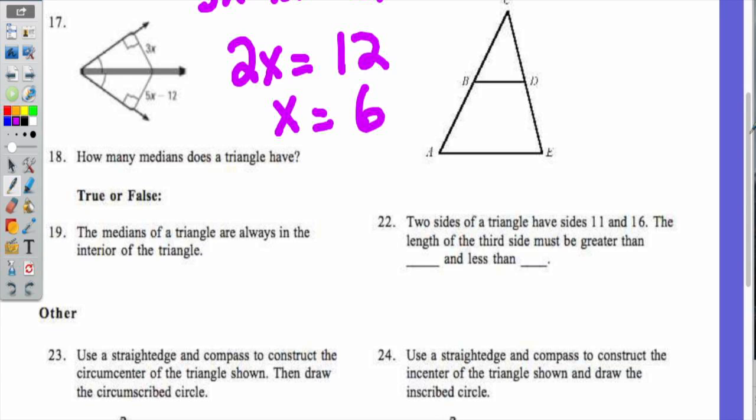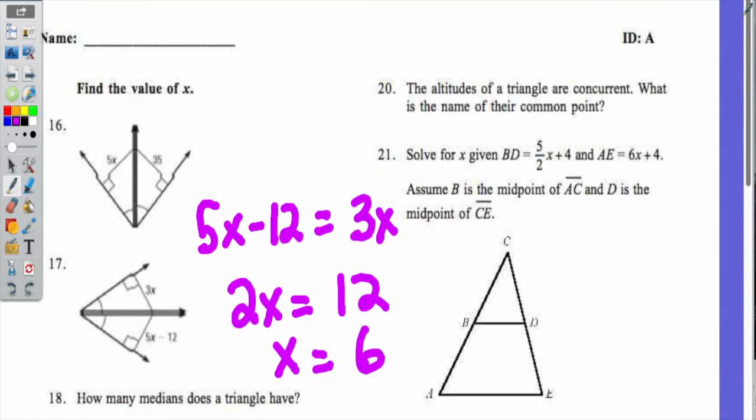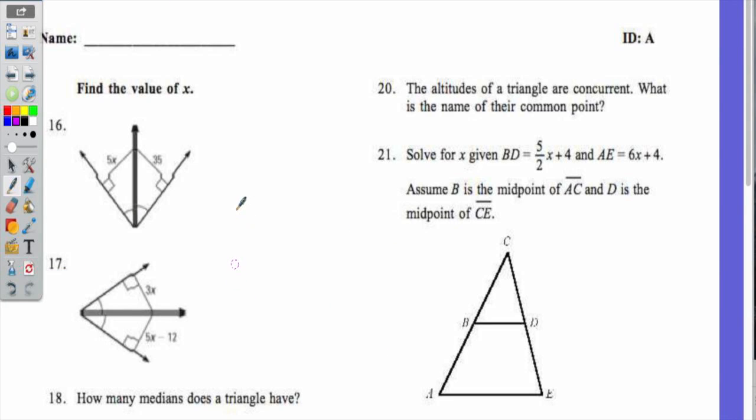Angle bisectors and perpendicular bisectors and altitudes can be outside the triangle. The medians are always inside the triangle. The altitudes of a triangle are concurrent. What is the name of their common point? It is an orthocenter. And again, even though we've done it already, let's do it again.